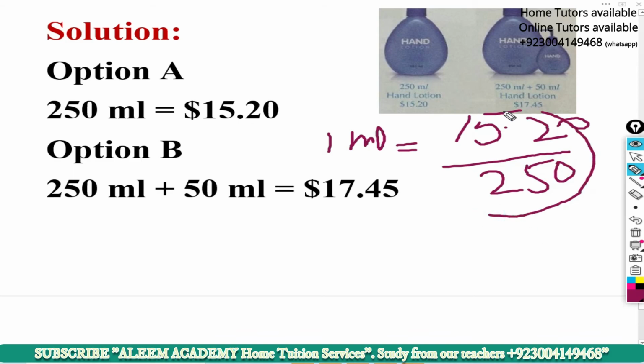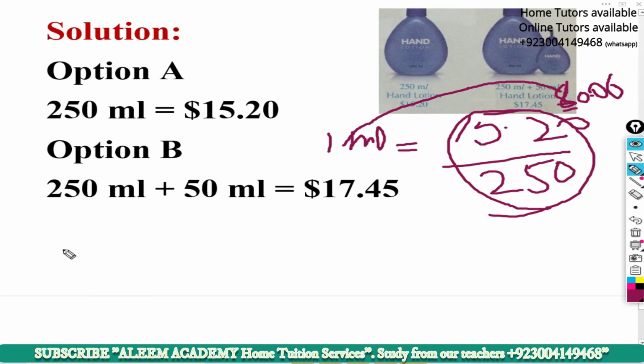You can calculate this without a calculator, and after dividing these two numbers you will get $0.06. It means that 1 ml you are getting in $0.06 according to option A.